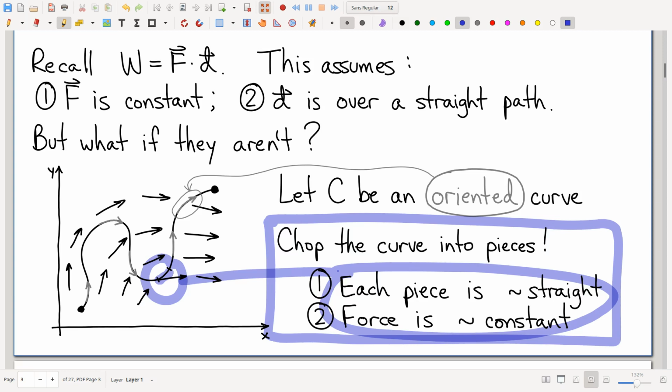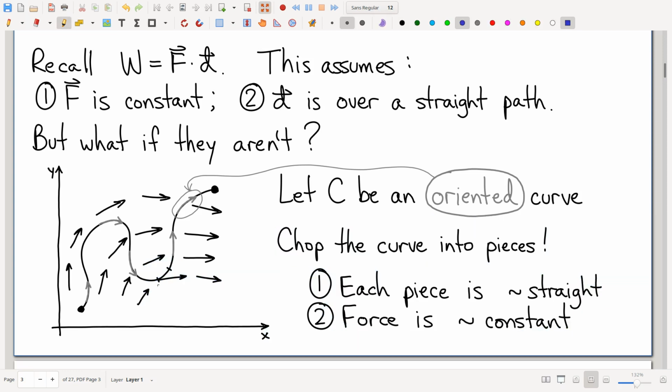And on which, even though the force isn't exactly constant, it's approximately constant. It's an itty-bitty, teeny-weeny little piece of curve. The vector field doesn't have enough time to change very much. So the problem becomes a lot easier on each little piece, and just like every other such scenario we've considered, we're going to then add up over the entire curve.